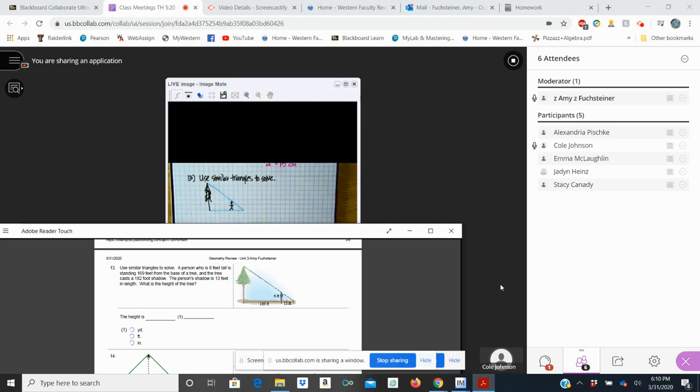And that's going to give us two different triangles. This person is 6 feet tall. They are standing 169 feet in front of said tree, and it's another 13 feet to the end of the combined shadow. They want us to find the height of the tree.